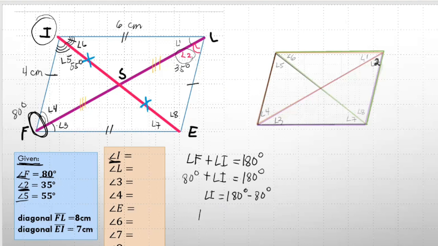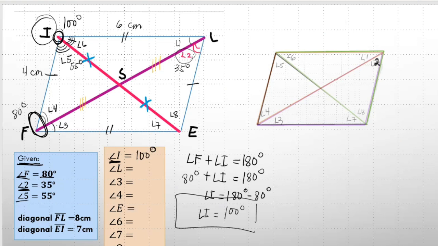So, angle I is equal now to 100 degrees. So, therefore, the measurement of our whole angle I is 100 degrees. So, ibig sabihin, pag pinag-add si angle 5 and angle 6, it must be 100 degrees. So now we have found already the measurement of angle I, which is 100 degrees.